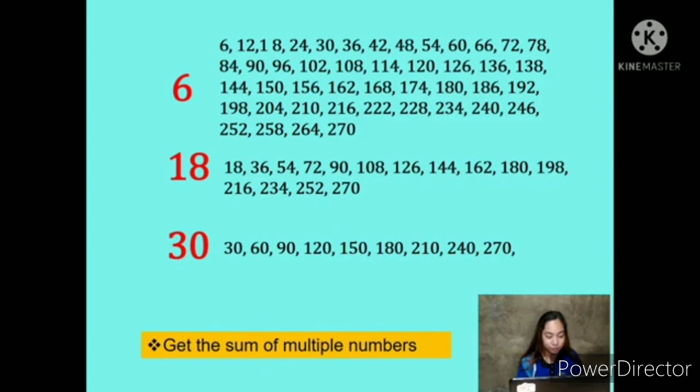So now, you're gonna get the sum of multiple numbers. So sa multiple numbers ng 6, meron po tayong 6,210. Sa multiple numbers ng 18, meron tayong 2,160. Then sa multiple numbers of 30, pag pinagsama-sama natin lahat yan, is 1,350.